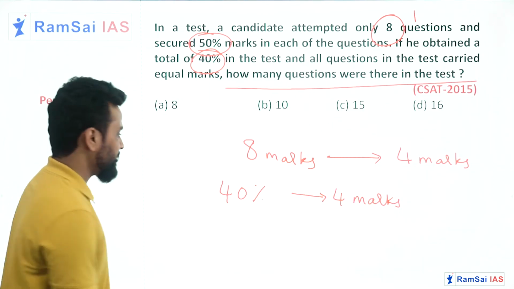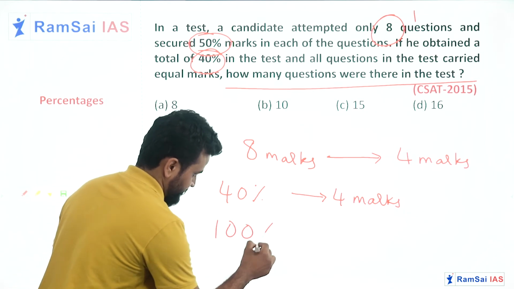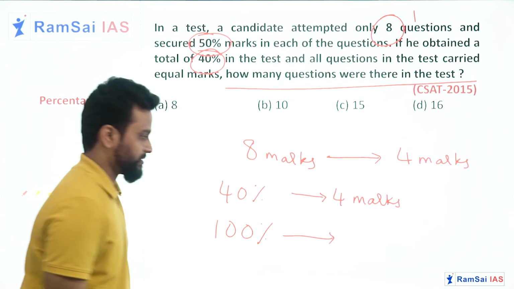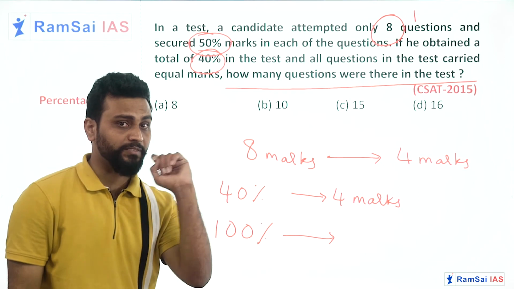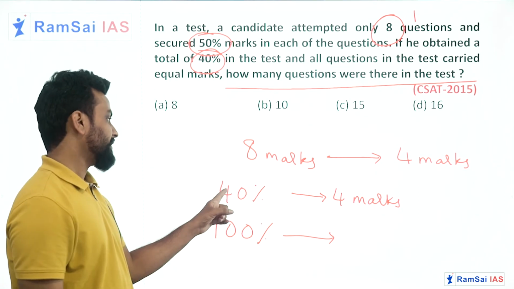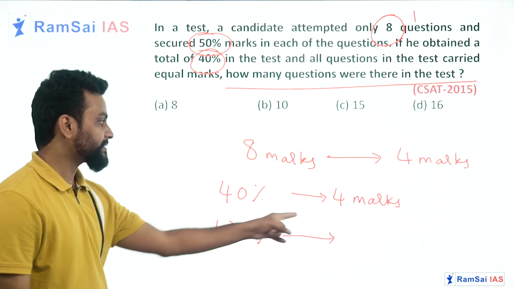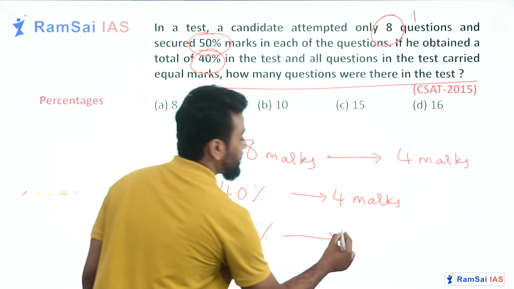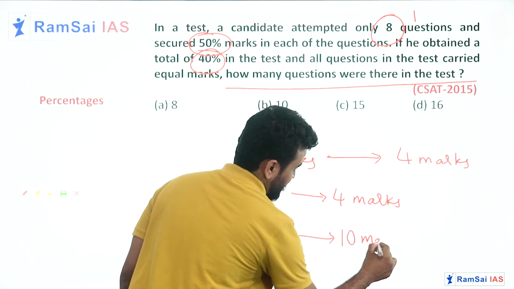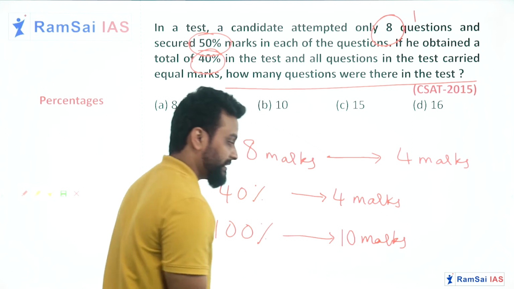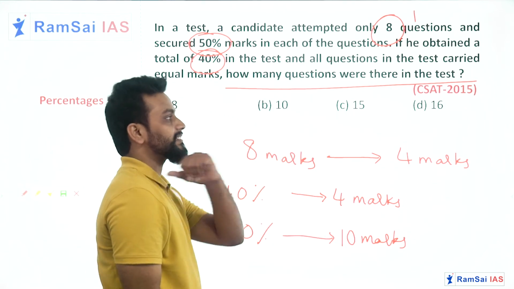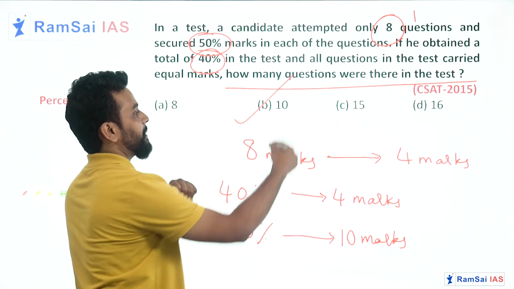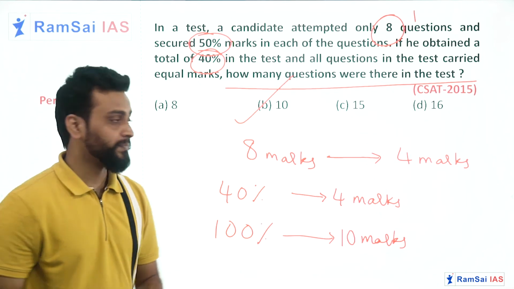So indirectly he is asking what is 100%, the total number of questions. Of course, each question is carrying only 1 mark. That's why 40% equal to 4 marks, then 100% equal to how many marks? 10 marks. And here each question carries only 1 mark, which means we have a total of 10 questions, which is in option B. That's it, very simple, right?